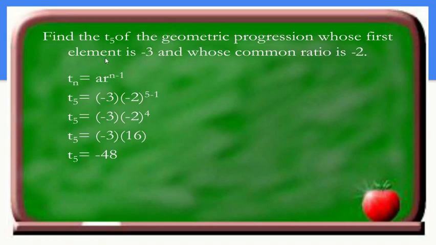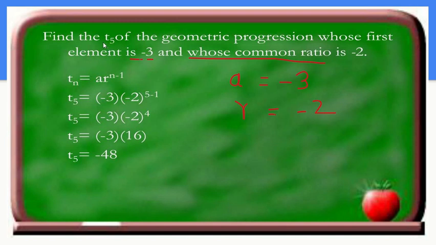Here we will see this through problems. Find the T5 of the geometric progression whose first element is minus 3. The first element means A, which is nothing but A1, so A is minus 3, and the common ratio R is minus 2.